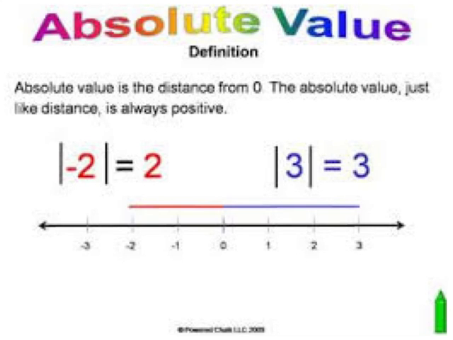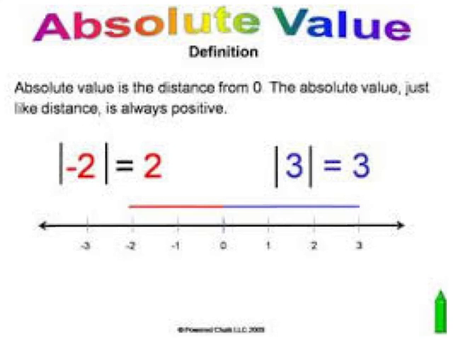Alright, the definition of absolute value is the distance from 0 on the number line. And the absolute value, just like distance, is always positive. So if you think of absolute value as a distance and not a number or numeral, it'll help you.